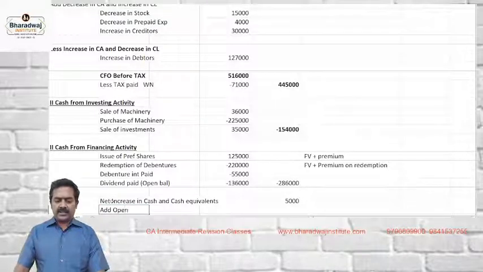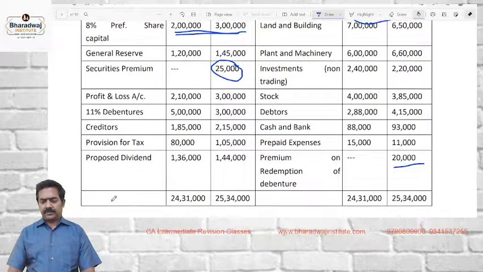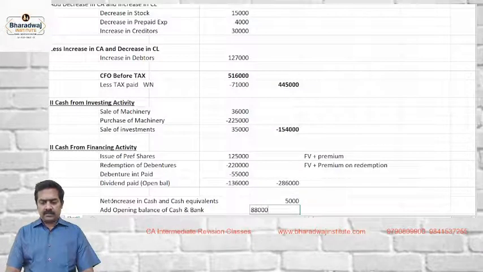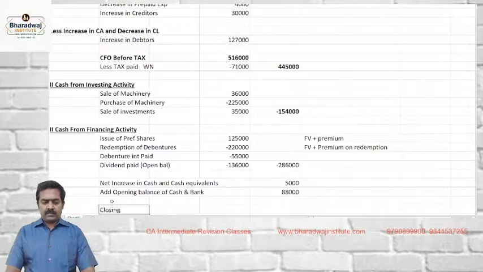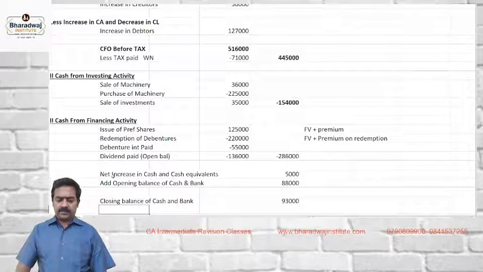Add opening balance. What is the opening balance of cash and bank? How much? 93,000 we get.